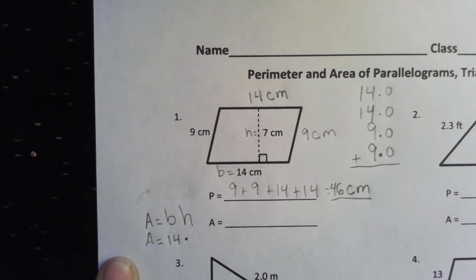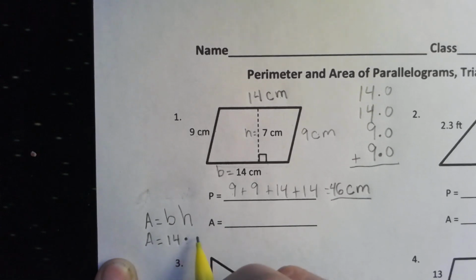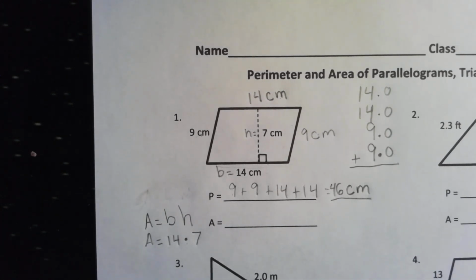We don't want to use x's. Remember, we're trying to get away from those, because as we get further into middle school math, we're going to have variables later. X's in the traditional times shape will start getting confusing. So use your dots, okay? And then 7. So it's 14 times 7 is the math that we're going to do.